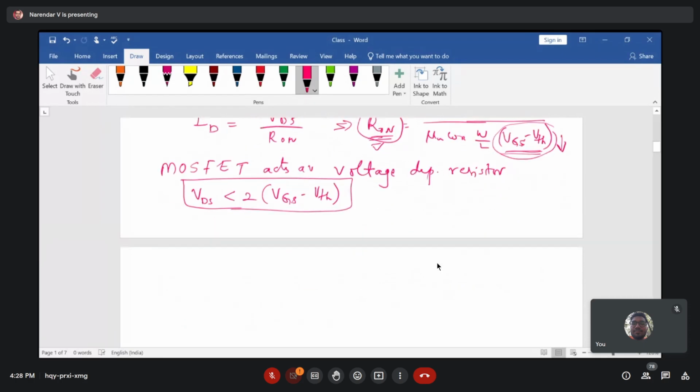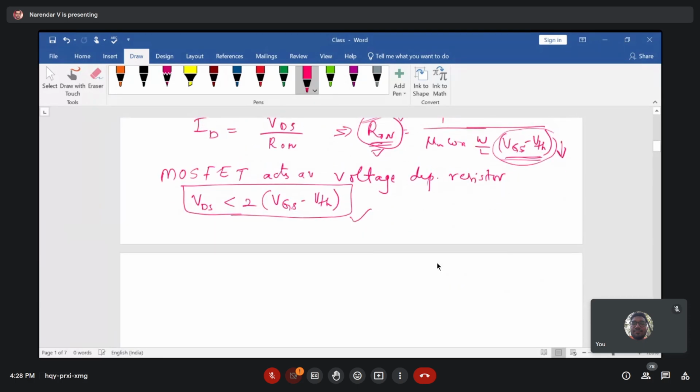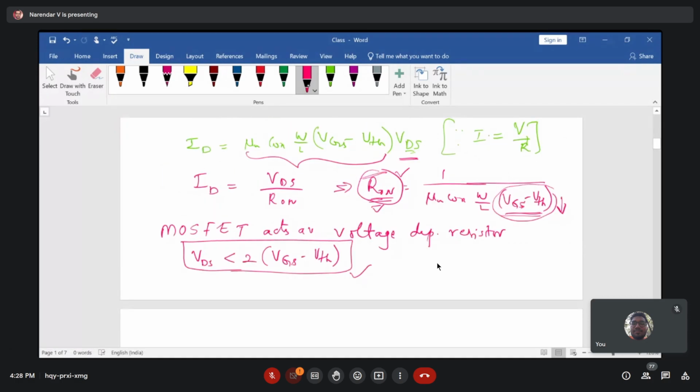Sometimes we use this resistor. It means we have taken the linear current expression, and from there we extracted the on resistance of your MOSFET, and because of that you can call it a MOSFET acting as a voltage dependent resistor, and the condition is that the VDS value is less than VGS minus VTH.